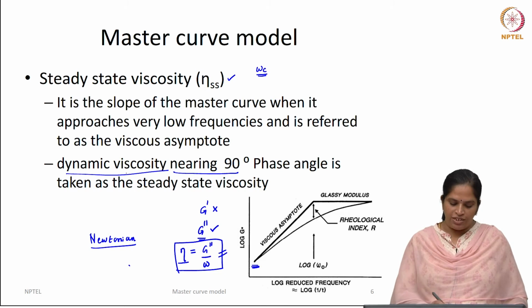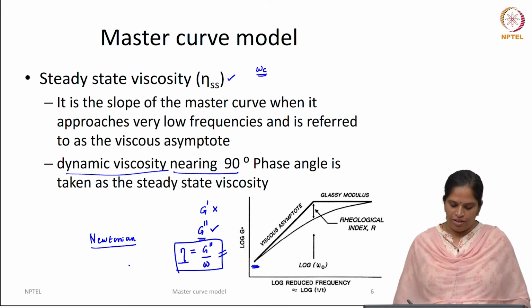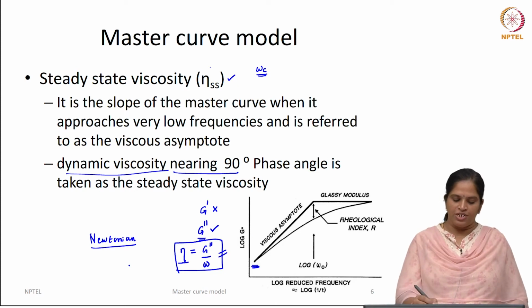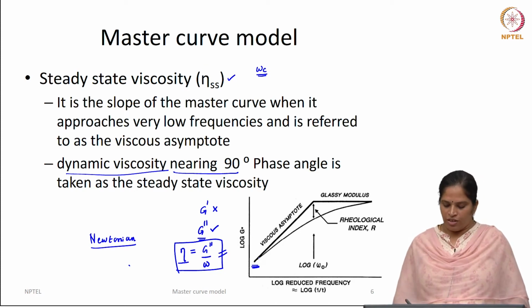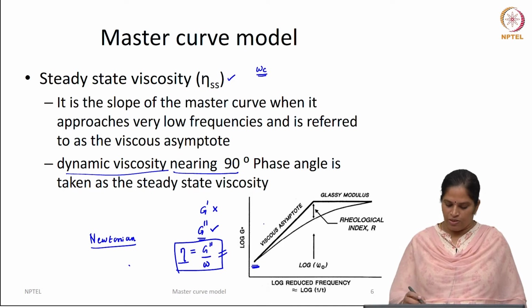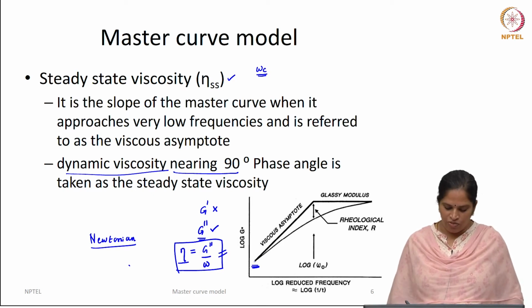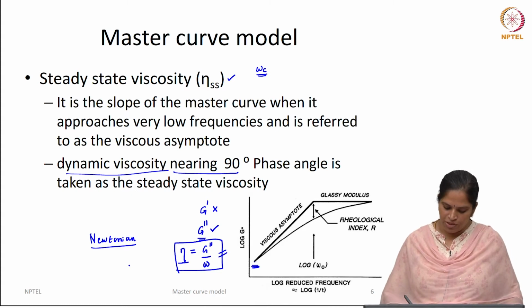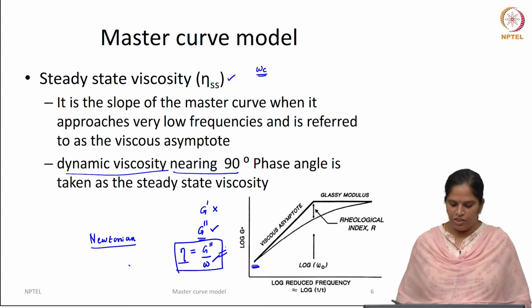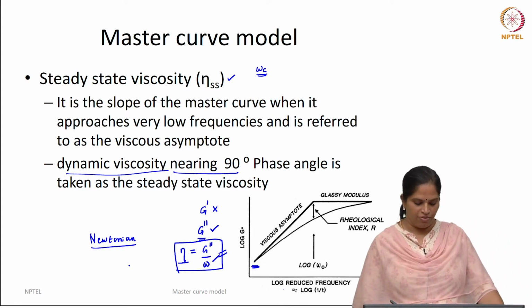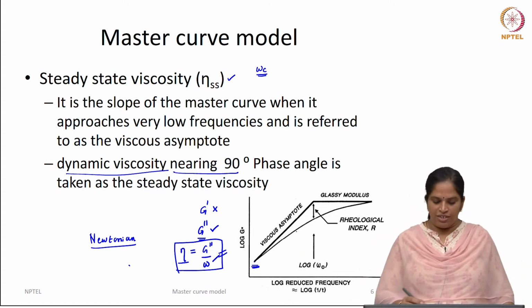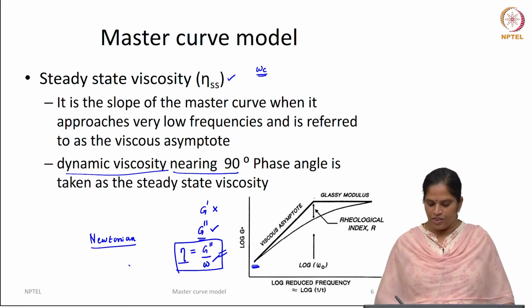That gives you the steady state viscosity. Or the steady state viscosity can also be taken at very, very low frequency: construct a viscous asymptote, and the value here can also be obtained using the loss modulus by frequency.